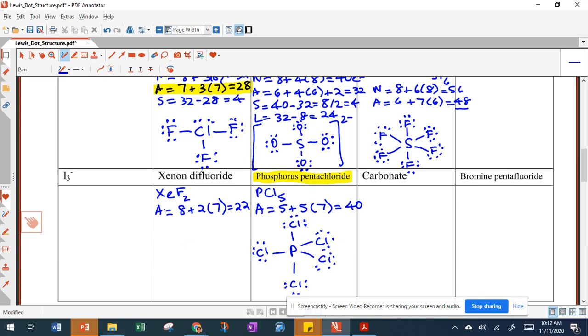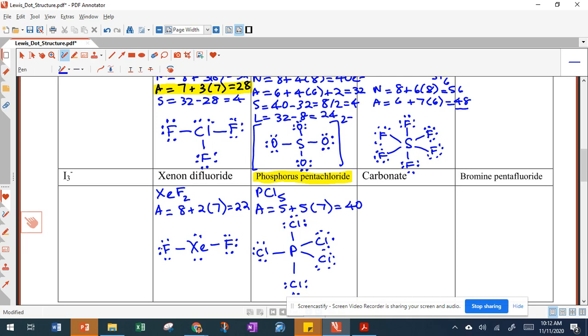So when we do this, again, we put the first one, xenon, in the middle, and we put 2 fluorines on either side. We first make sure we have 8 electrons around each. Okay, when we do this, we calculate how many we're using.